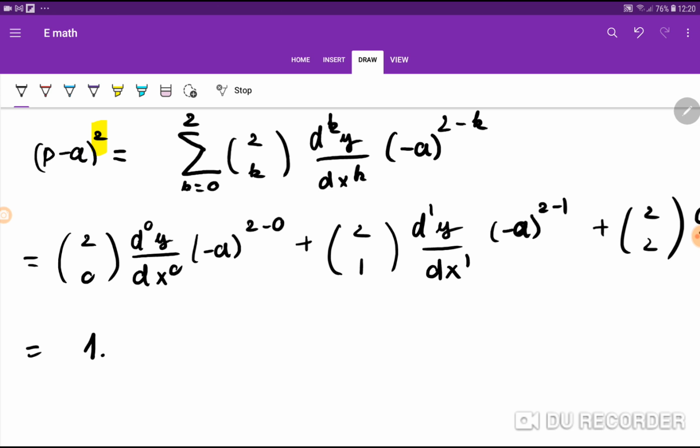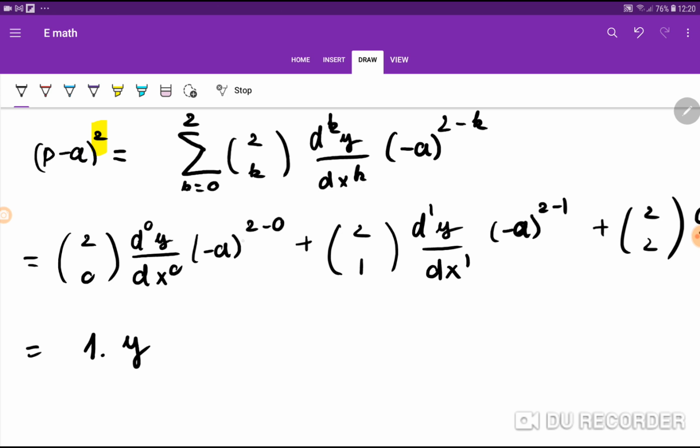Exactly, it will just be y, because taking the zero derivative of y means that you didn't take the derivative. If I give you zero money, I didn't give you any money. If today there's zero food, it means today there's no food. You see what I'm saying? So if you don't take the derivative of y, it's just y because you didn't do anything.